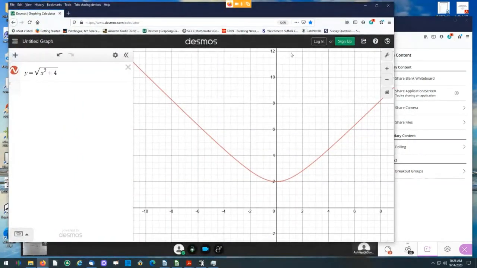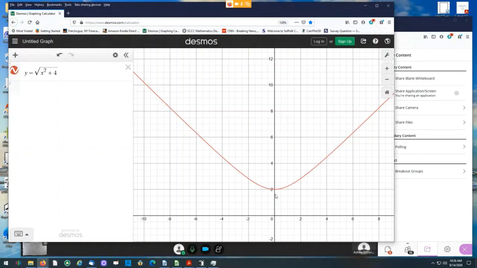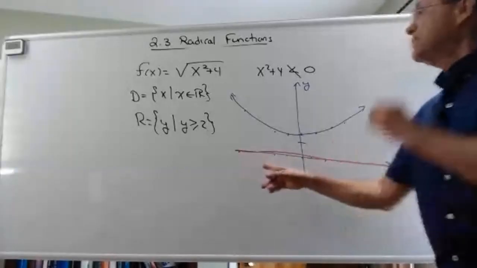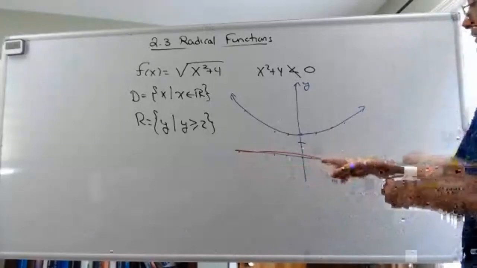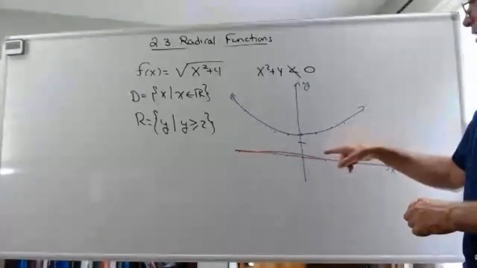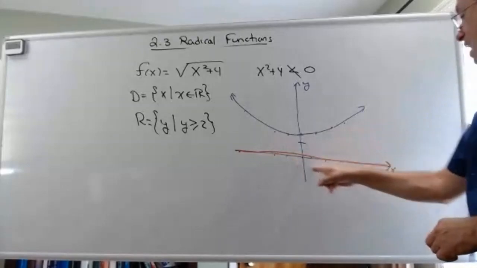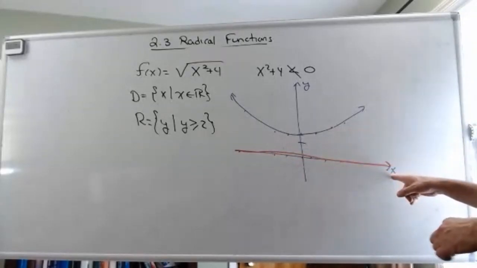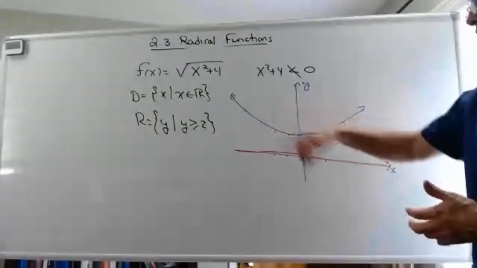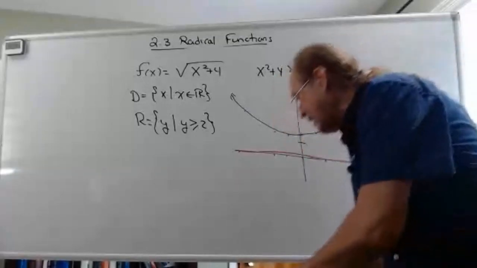So if you're looking at this graph, the range is the y values over here. To repeat what I'm saying, for every x value, I can find a y value. So that means the entire x-axis is the domain. There's always an associated y. Looking at some of the other ones, that was not always the case.